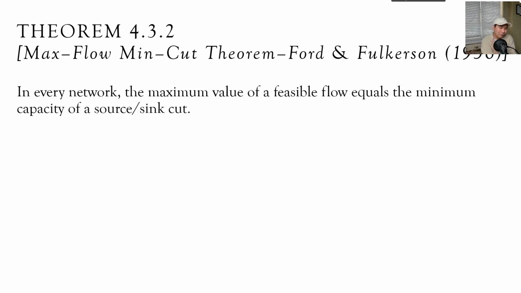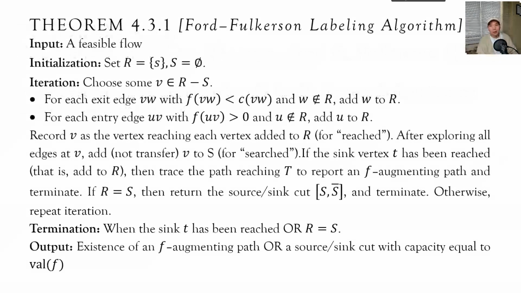Just like any algorithm, we're going to be dealing with a very long and involved algorithm that looks like it has a lot of text, but we're going to break it down a little bit and see how we do this if I had an example. So theorem 4.3.1, and yes, it was intentional that this is 3.1 and the previous one was 3.2.